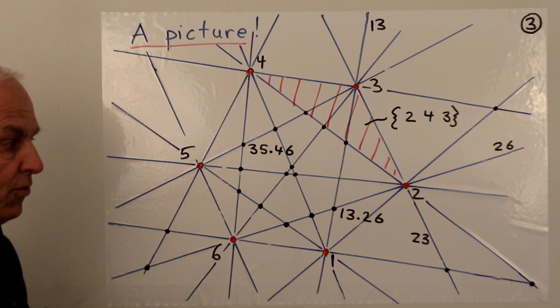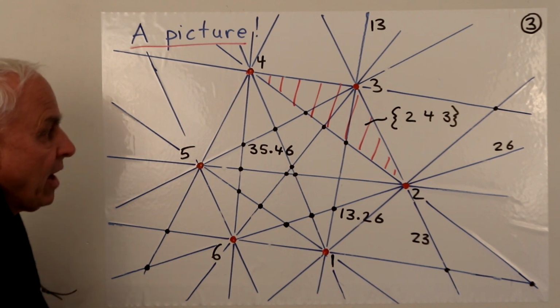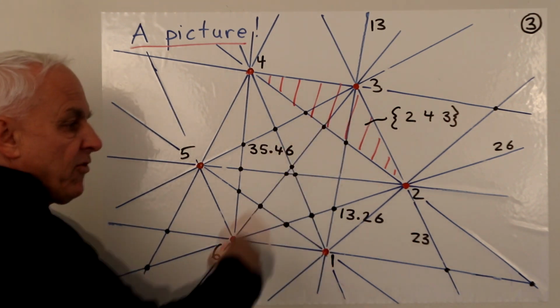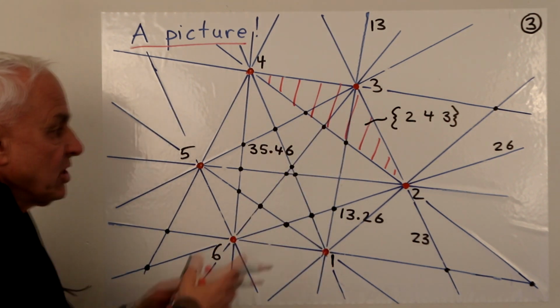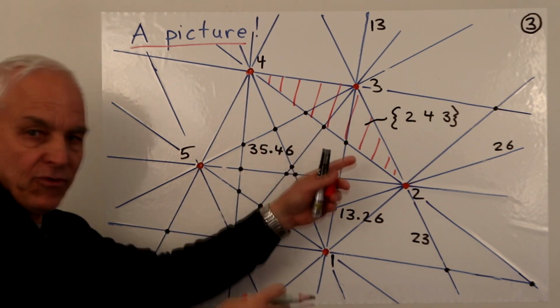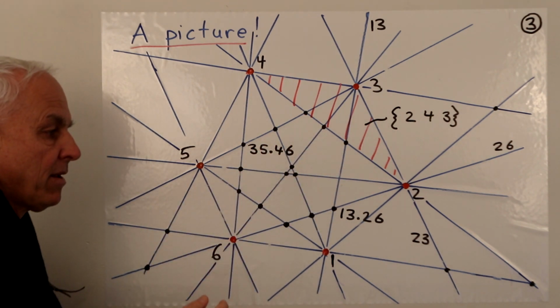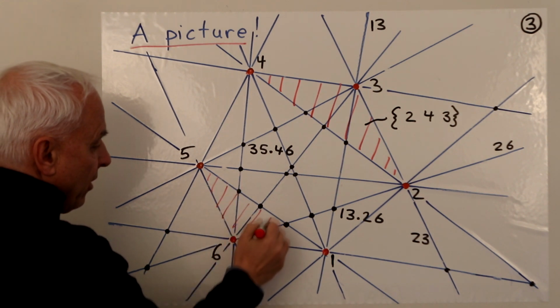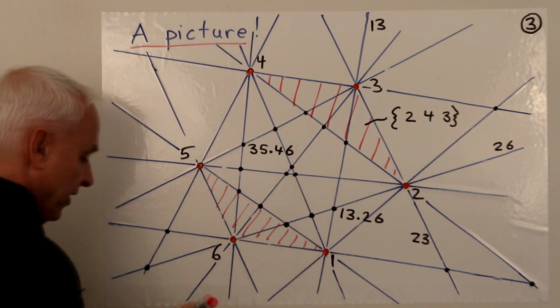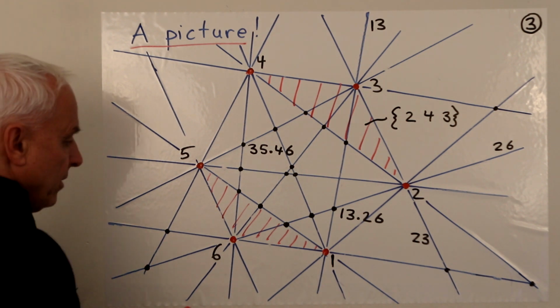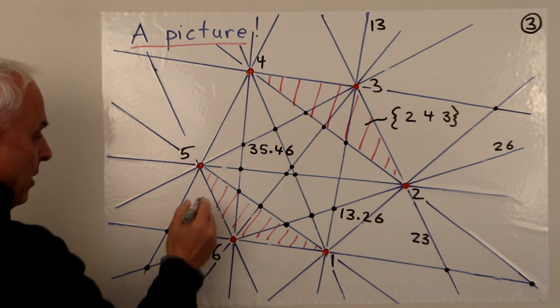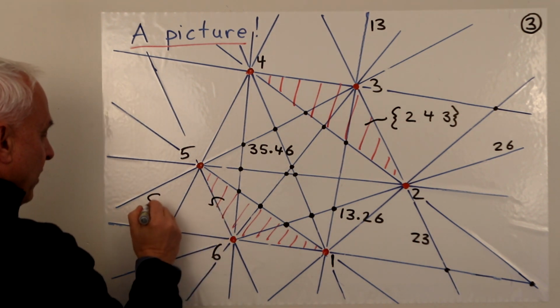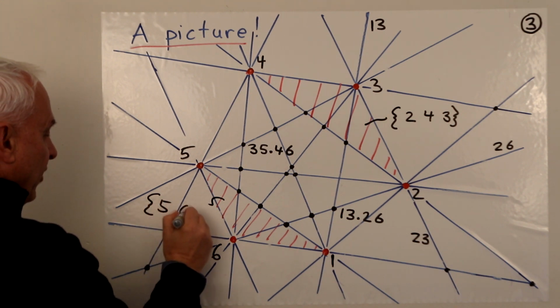So they are also going to form a triangle which is in some sense disjoint from this one. It doesn't share any nodes. Let me just draw that also. Here's the triangle 5, 6, 1. That's the set 5, 6, 1.